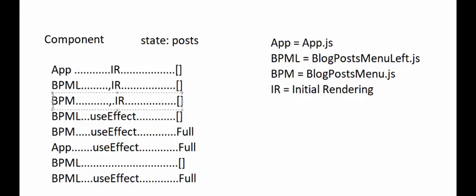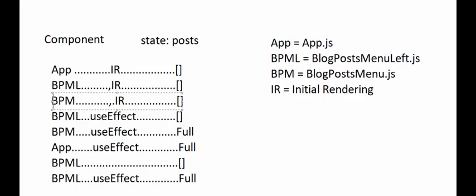We go to the first child BPML, go through the initial rendering, but do not stop for useEffect. We go ahead, and when you look at the index, we have BPM. The BPM component starts its initial rendering, and of course the state is empty.